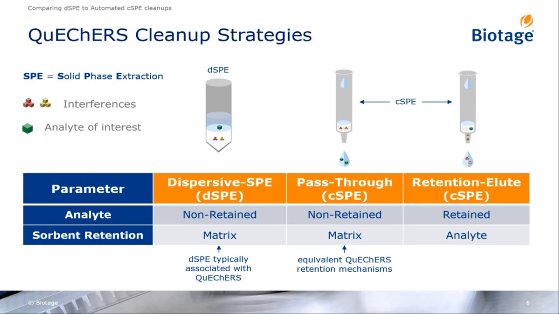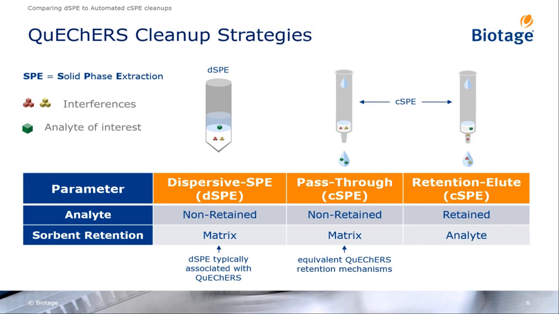And there's really 3 ways of potentially doing this. One of the most popular ways is known as DSPE, or dispersive SPE. And this is where the analyte is not retained on the SPE media, the matrix components are retained. But there's also 2 other ways that you can do this.